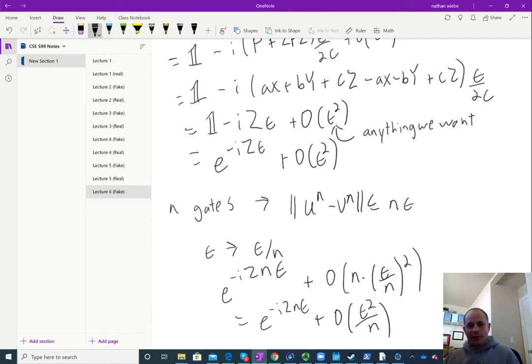So by increasing this value of n, we can make this approximation error arbitrarily small and do any z rotation we feel like.